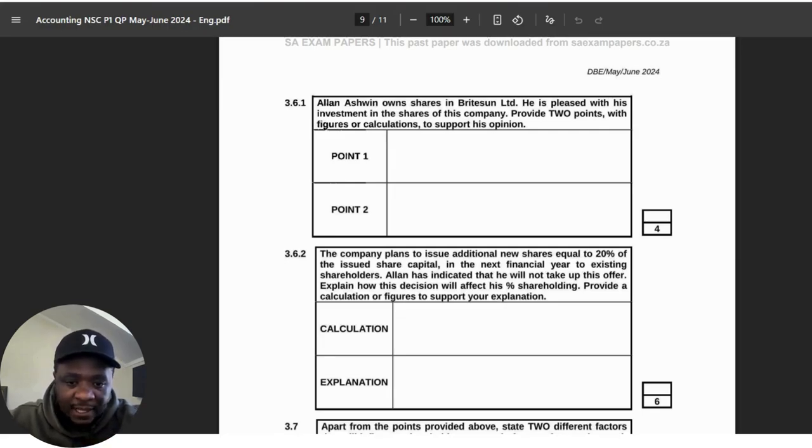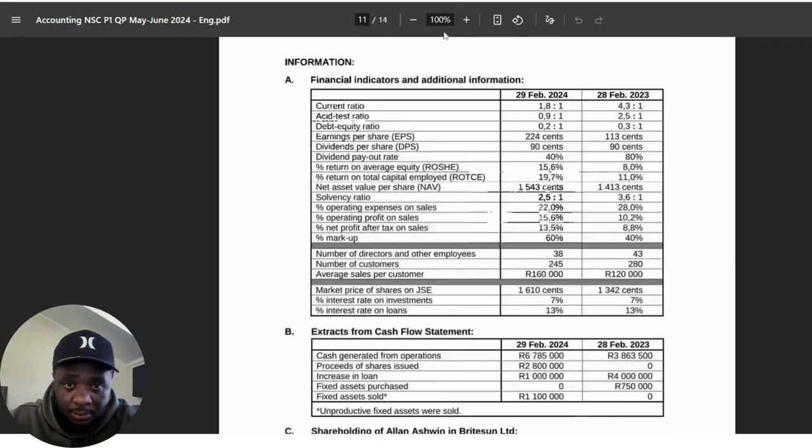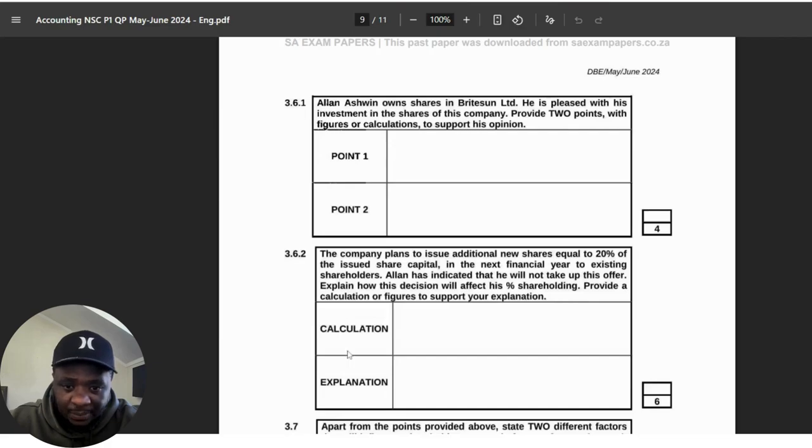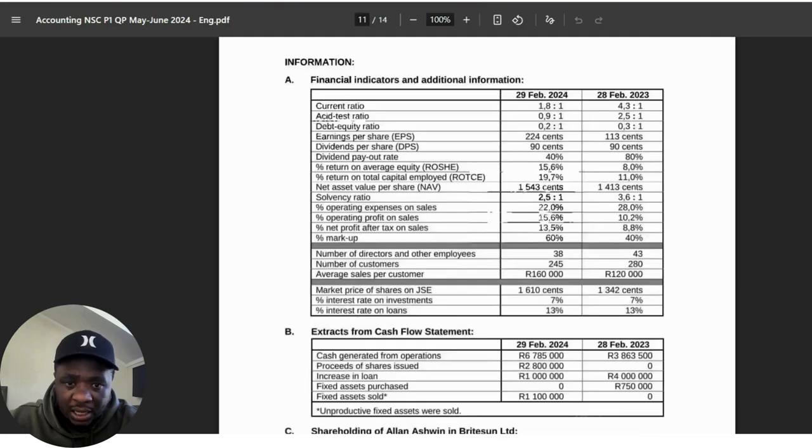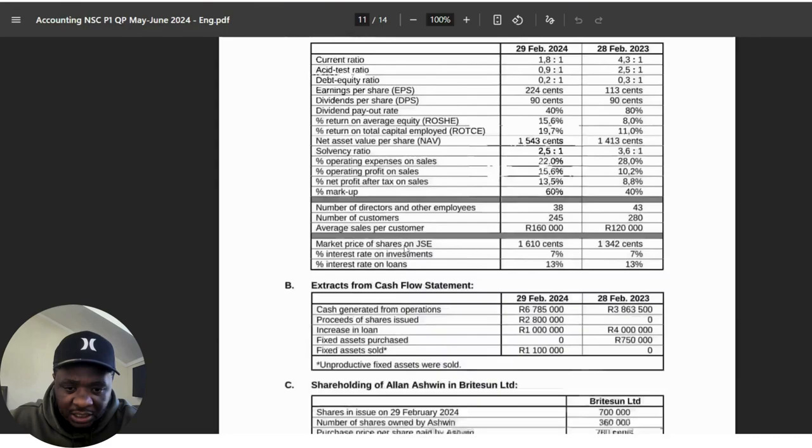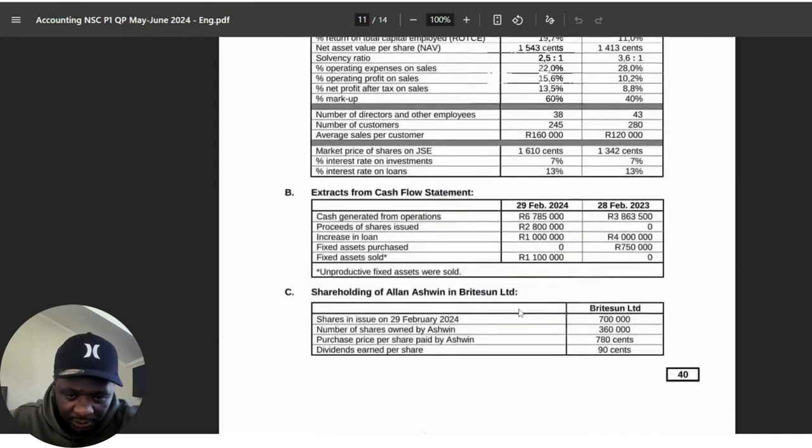Let's see some of the things that would be beneficial for him. So the question is set up as we have the calculation at the top, and then more of a comment at the bottom. Sorry, because we're still in 3.6.1. So let's look at the information relating to that. So there is Alan Ashwin.